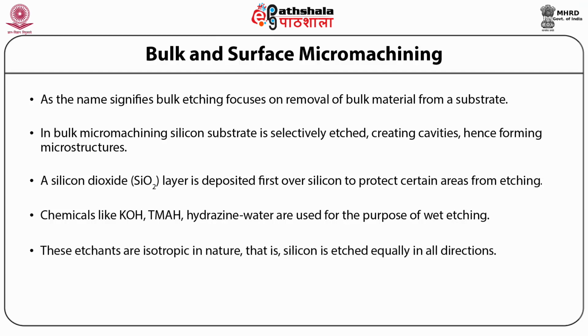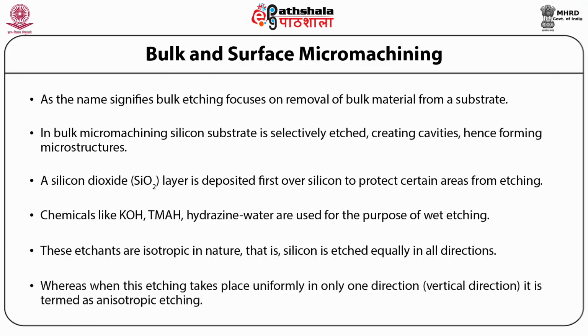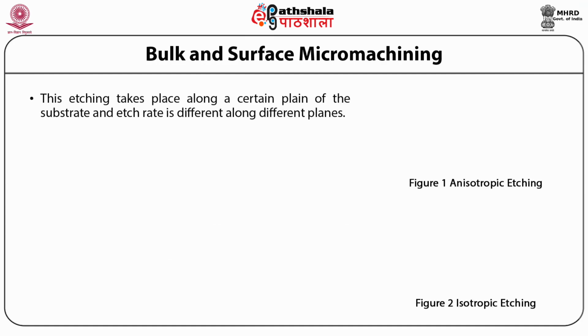These etchants can be isotropic in nature, that is, silicon is etched equally in all directions, whereas when etching takes place uniformly in only one direction, that is the vertical direction, it is termed anisotropic etching. This etching process takes place along a certain plane of the substrate, and the etch rate is different along different planes.